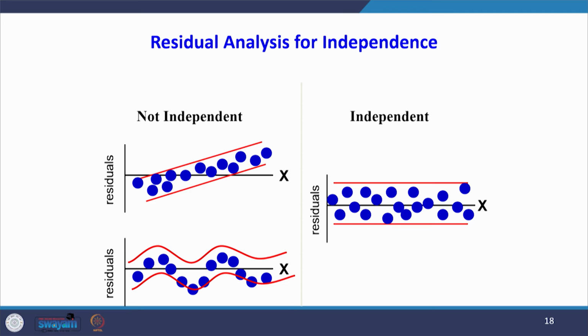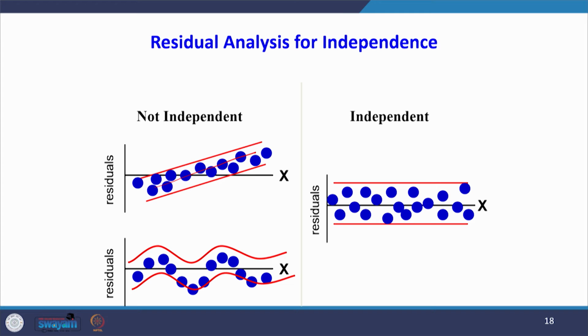Now, the next assumption is that the error should be independent. Look at the left hand side, here there is a trend in the error. So, that means there is a dependency in the error. You see the bottom one, the residuals follow certain patterns. If there is a pattern in the error, we can say that errors are not independent, there is a dependency, and that is a violation of our assumption.